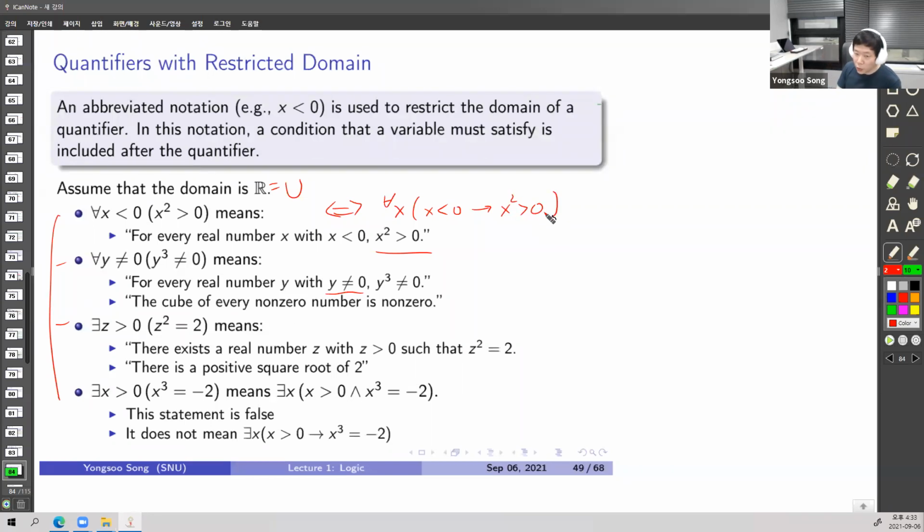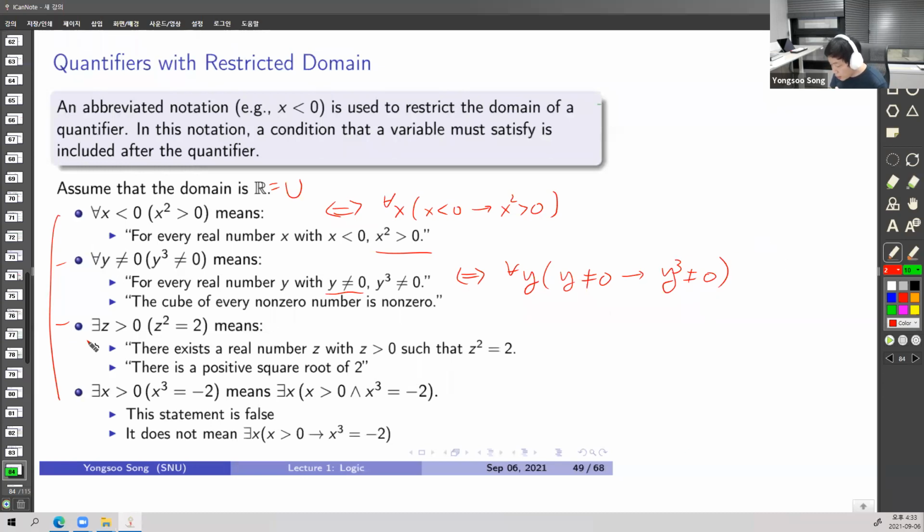These two propositions are logically equivalent. And the same applies to the second example. This is equivalent to for every real number y, if y is non-zero, then the cube of y is also non-zero. These are equivalent representations.